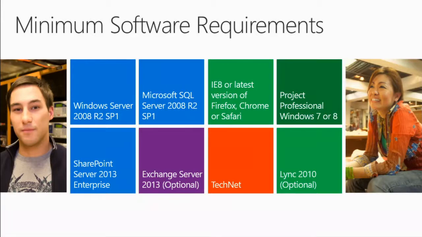So with the 2013 release, we do require Windows Server 2008 R2 SP1. We do support Windows Server 2012, and in the very near term, once Service Pack 1 gets released, we will add support for R2 of 2012. The database version, we've also moved ahead, and that's primarily because we want to take advantage of new features and functionality within SQL Server, not just to make you buy a new version of SQL Server.